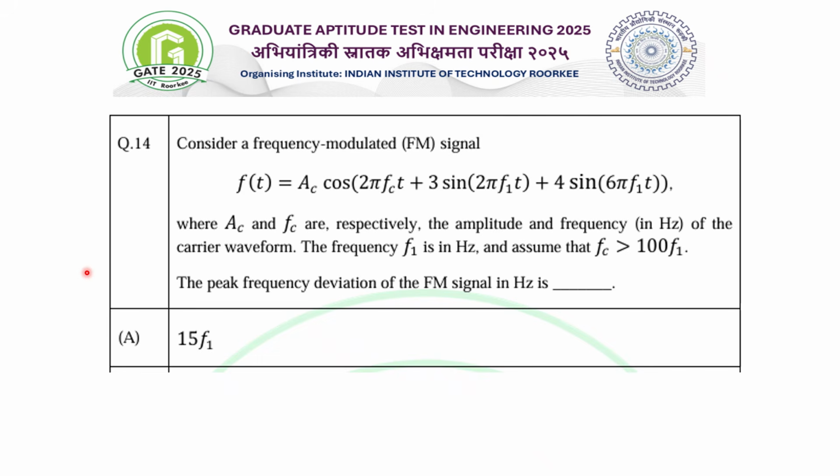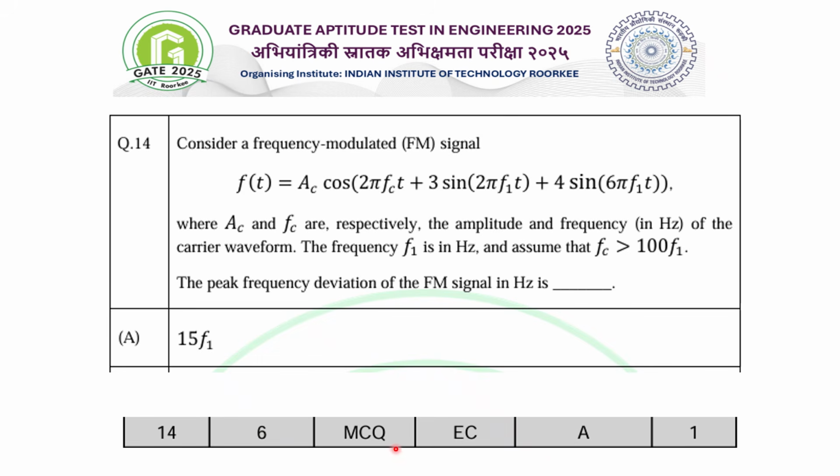So according to the answer key, answer A should be correct, that is 15 f1. Why? In FM modulation, whenever we are talking about frequency modulation, the frequency is going to change with respect to the message signal, right?